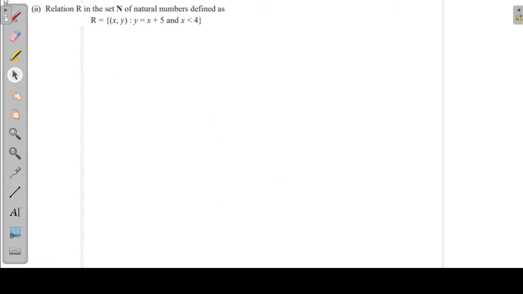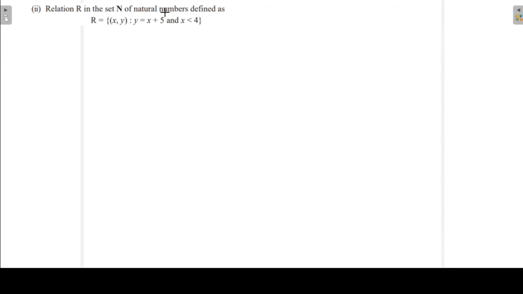Second question: relation R in the set N of natural numbers is defined as R equals the set of all (x, y) such that y equals x plus 5 and x less than 4. Take this first: y equals x plus 5 and x less than 4.